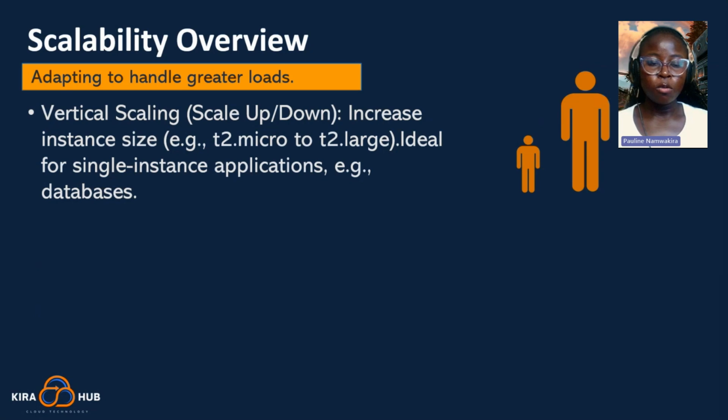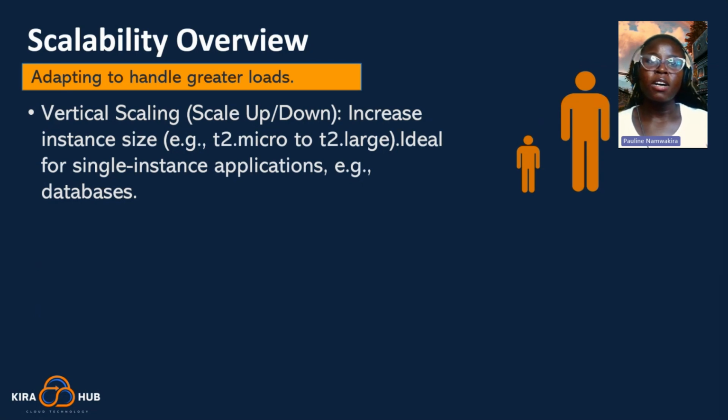So vertical scaling, which we refer to as scaling up and down. What is it? This means that we are expanding the capacity of a single instance, something like upgrading a car to a faster engine. It's suitable for applications that aren't distributed, things like traditional databases.